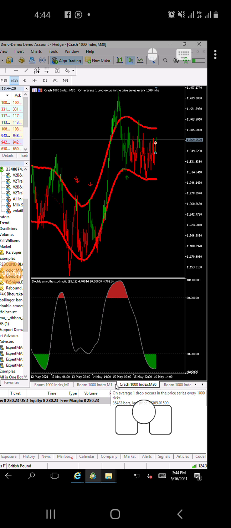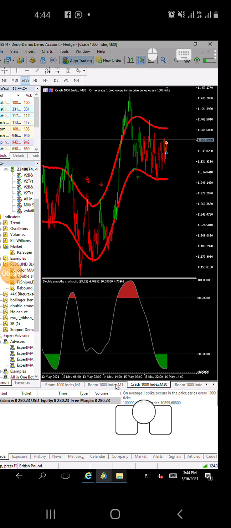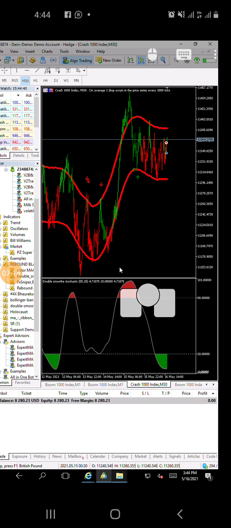So you have an indicator something like this. Here it is. So these are the confirmations for the Crash 1000. Assuming you want to trade Crash 1000 with the spiking robot, the rules you must follow before you can trade it are these.